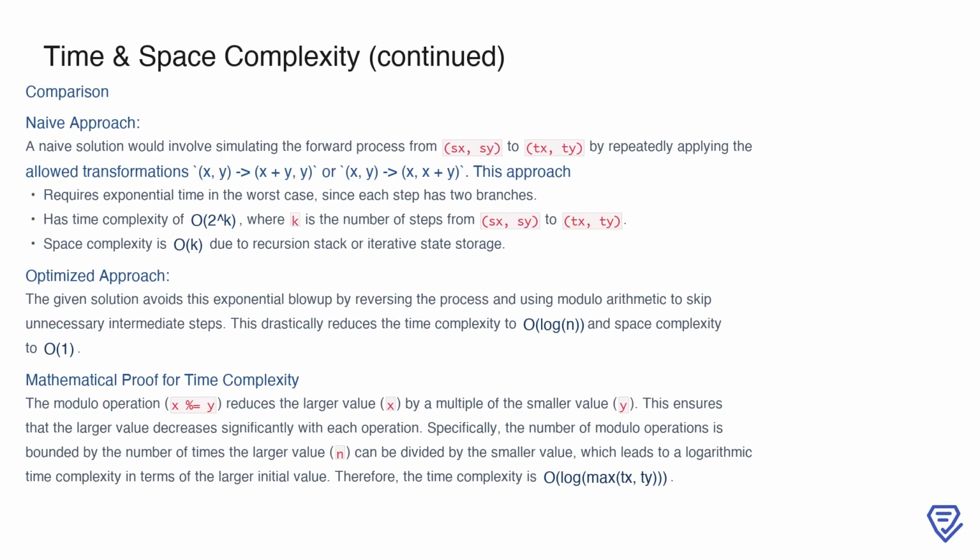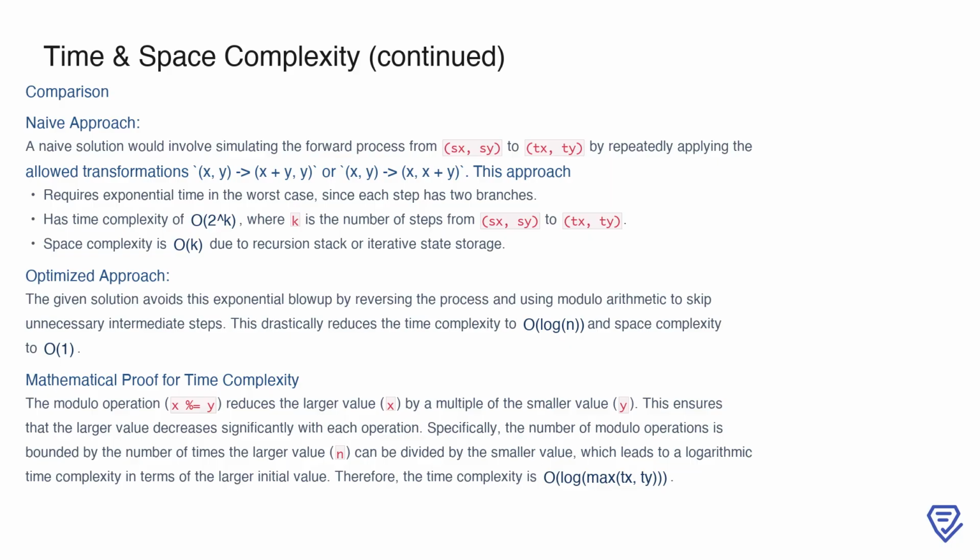When comparing this optimized approach to a naive solution, the efficiency gains become clear. A naive approach would simulate the forward process from (sx, sy) to (tx, ty) by repeatedly applying the allowed transformations, such as (x, y) to (x + y, y) or (x, y) to (x, x + y). While this might work, it suffers from exponential time complexity, as each step introduces two branches, leading to a worst-case time complexity of O(2^k), where k is the number of steps required.